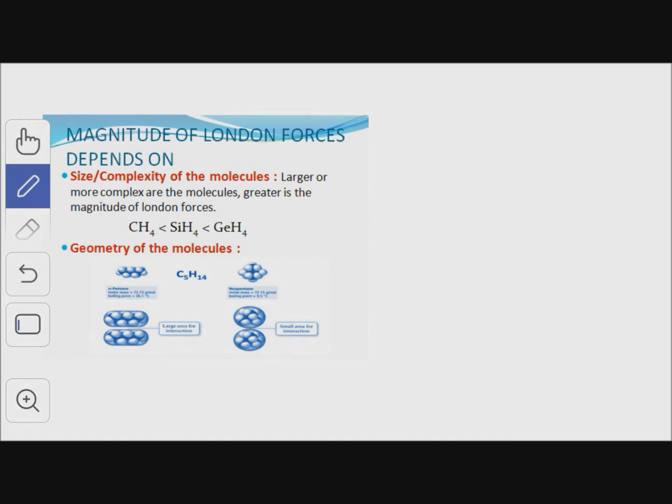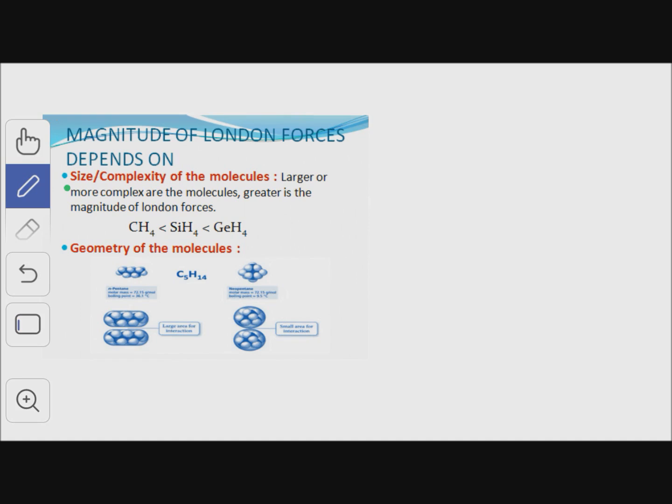Magnitude of London forces. London forces are the weakest intermolecular forces, and their magnitude depends upon the following two factors. First is size and complexity of the molecule. The larger the size of the molecule, the greater is the magnitude of the London forces. This is due to the large electron clouds, which are easily distorted or get polarized when two non-polar molecules come closer to each other.